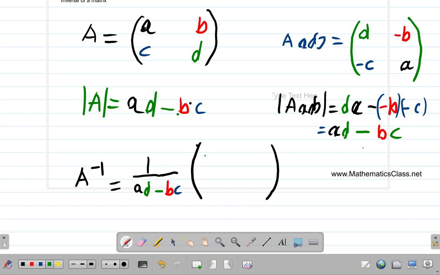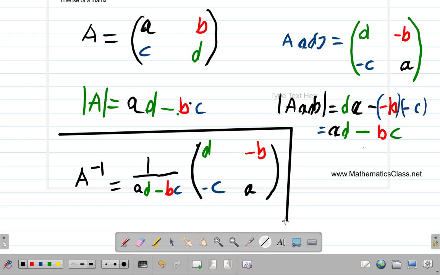Alright? It's going to be D, -B, -C and A. So this is the formula for the inverse of a matrix. Very beautiful. I have to put it in a box and gift wrap it. That is a nice little formula that we are going to be using. And we will use this formula to calculate the inverse of matrices in our next video. So stay tuned.